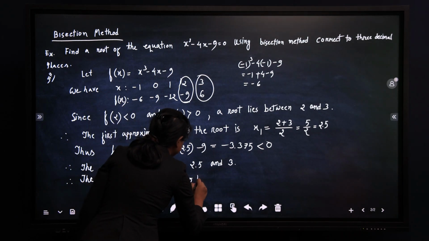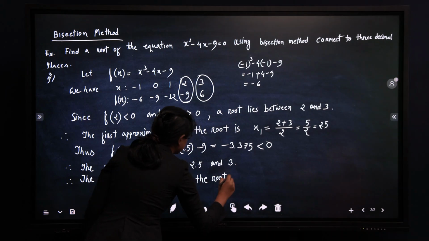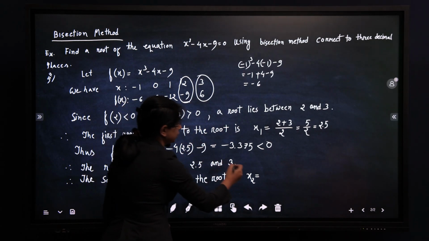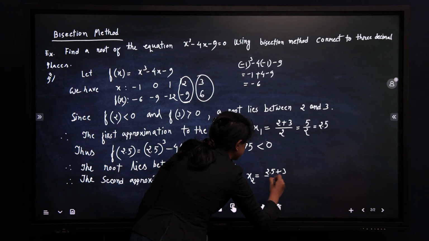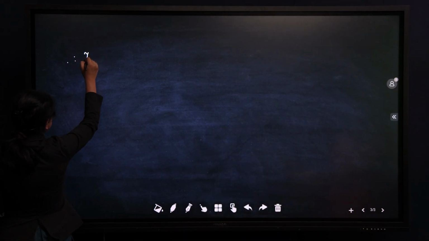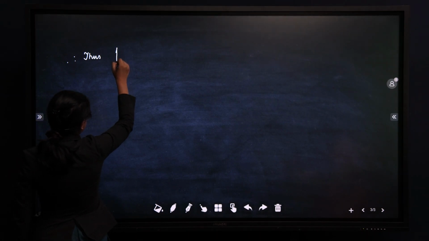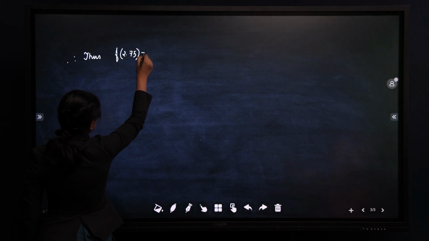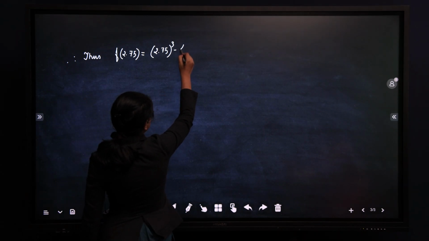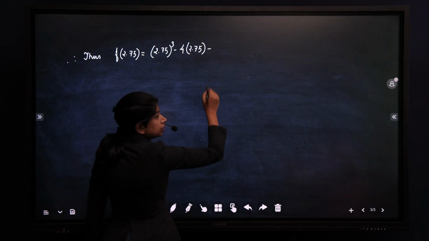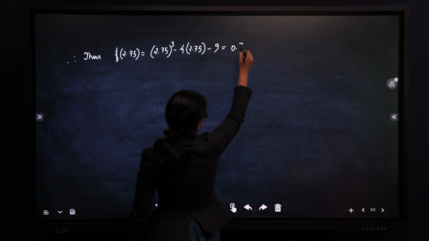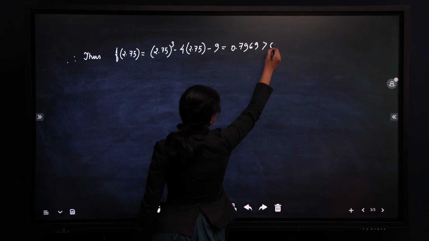The second approximation to the root is x2, equal to the average of 2.5 and 3, so (2.5 + 3)/2, which is 2.75. Now we need to find f(2.75), which is 2.75^3 - 4(2.75) - 9. This gives the value 0.7969, which is greater than 0.